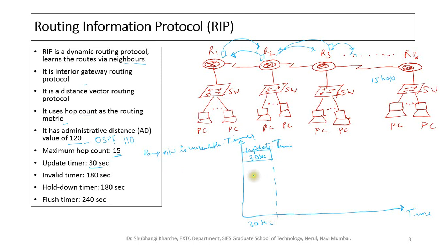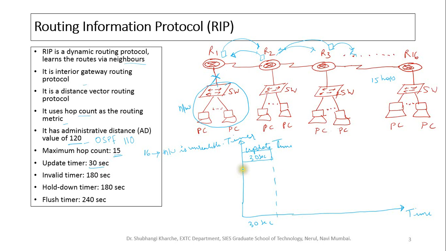Now, it may happen in the network that a particular link breaks and the network becomes unreachable. For example, this network will become unreachable for each of the routers over here because this link is broken. Now, in such a scenario, the routers have to define the route to this network as invalid.